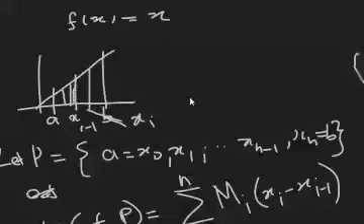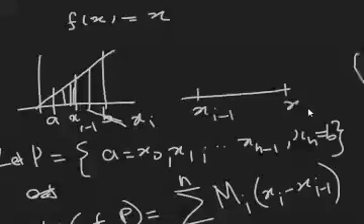Let's blow out this subinterval. This is your x_{i-1}, this is x_i. The midpoint is (x_i + x_{i-1}) divided by 2. So this is the midpoint of this subinterval.